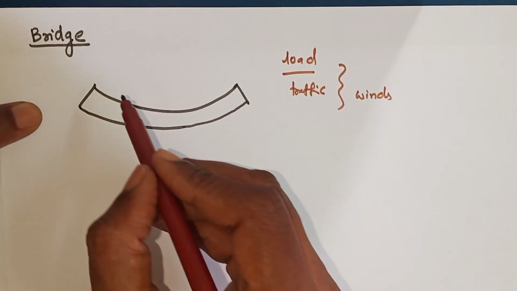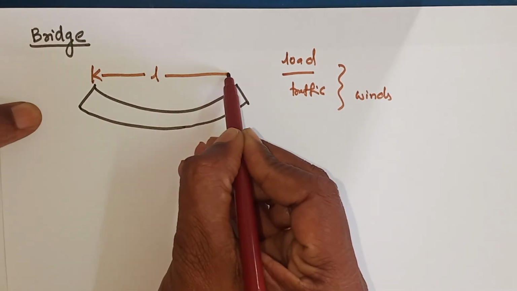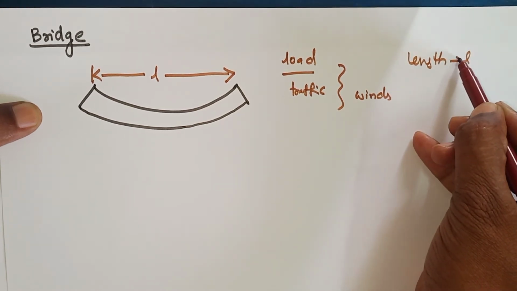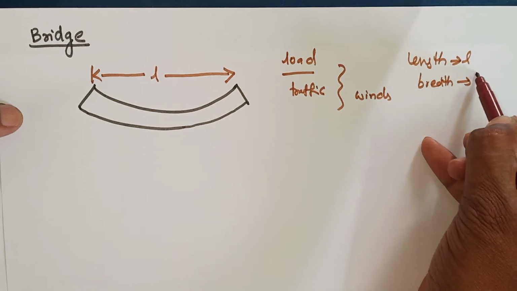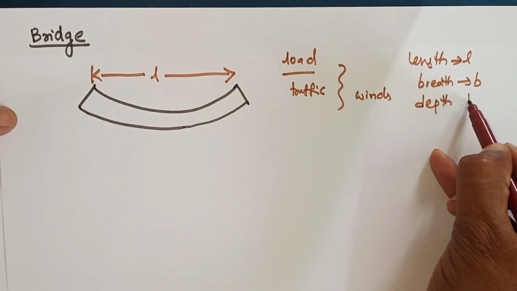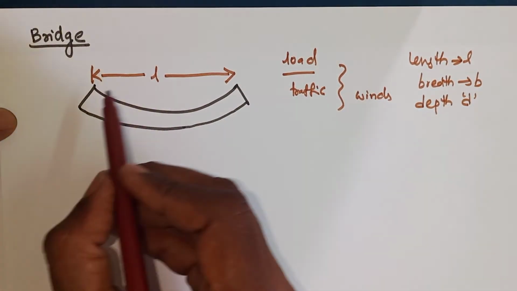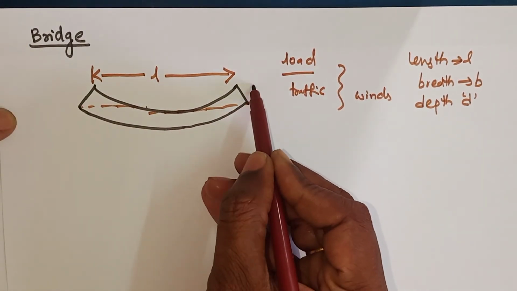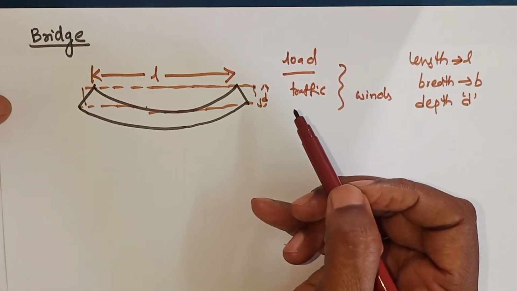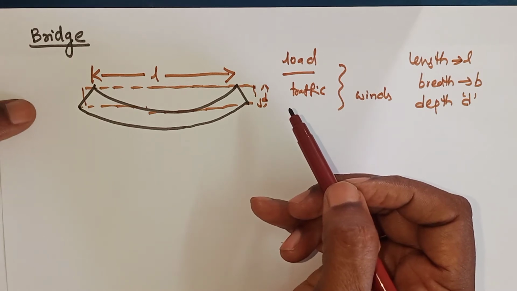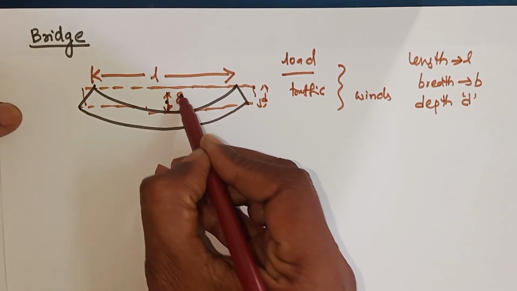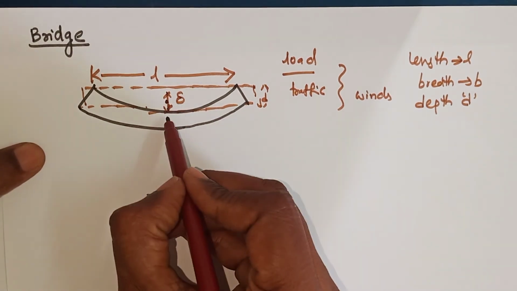A bar of length L, breadth B and depth D. At the center, the sag is delta, and the load is W.